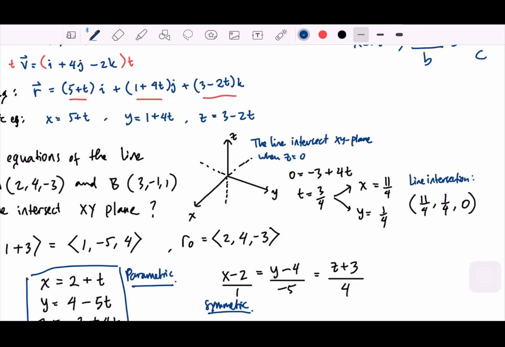So we can take this into r0 plus r1 minus r0 times t. Or we can write 1 minus t times r0 plus t times r1.